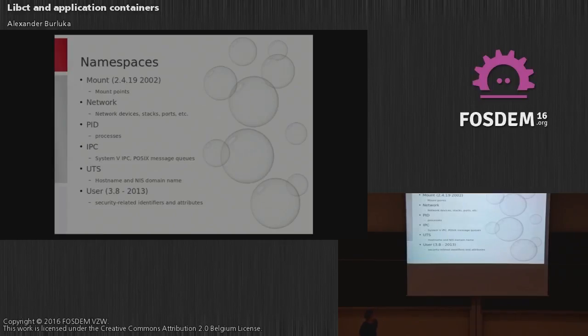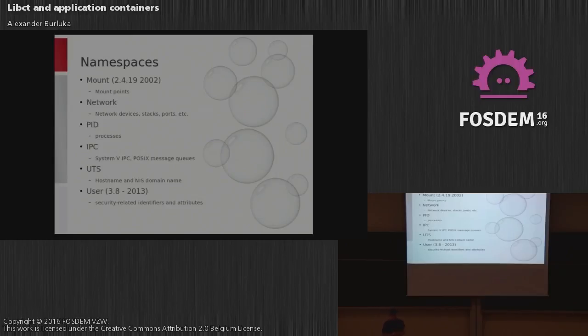I will list namespaces as they appeared in the Linux kernel. The first and eldest is the mount namespace. It allows you to get a separate mount file hierarchy in your program.